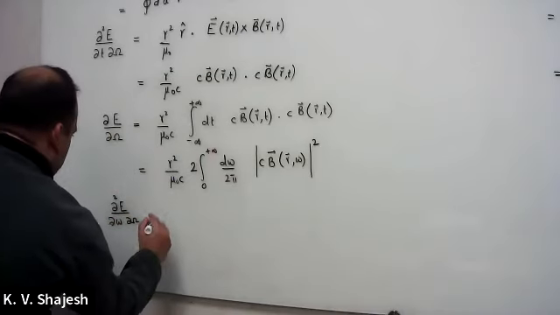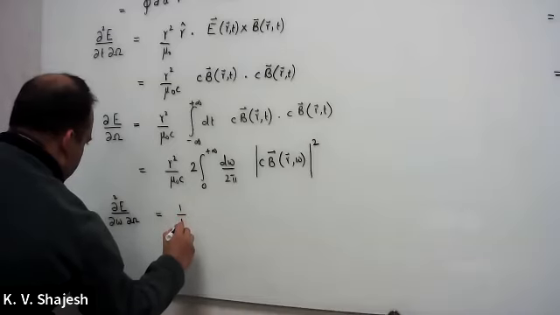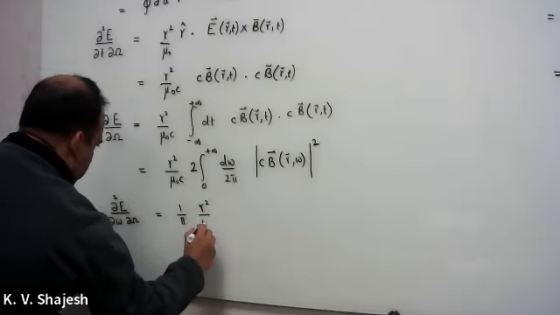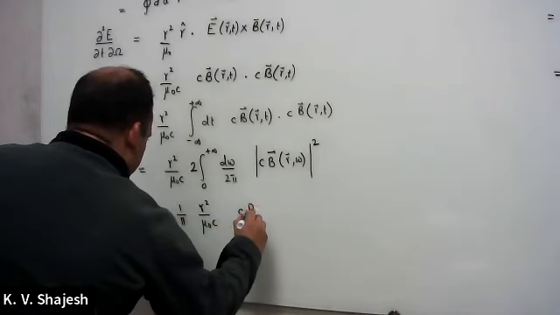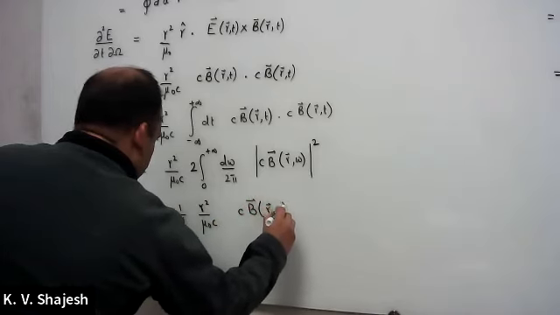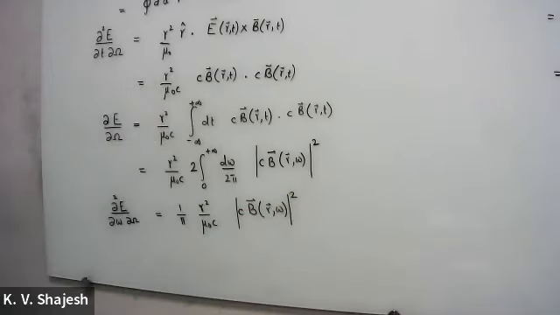So d omega comes down, and we have 1 over pi times r square over mu naught times c times the magnetic field, a function of omega, squared.